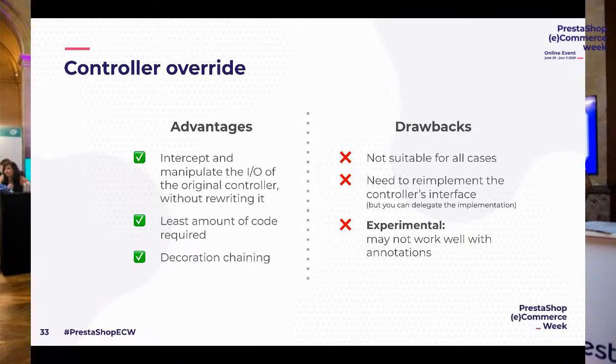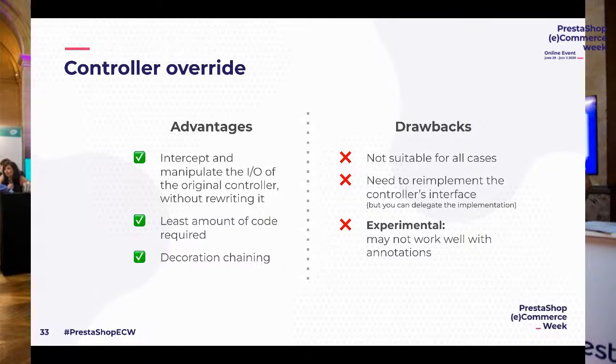Because of the Symfony services container, when controller C references controller A, it will actually get controller B. And this will allow you to do a lot of creative stuff and also have less module collision if two modules are trying to change the behavior of the same thing.